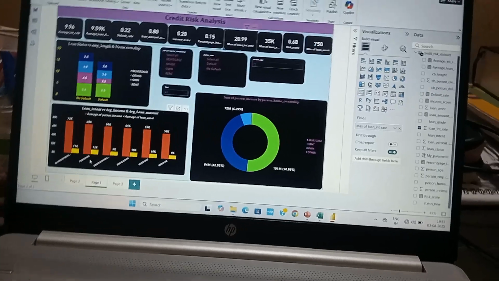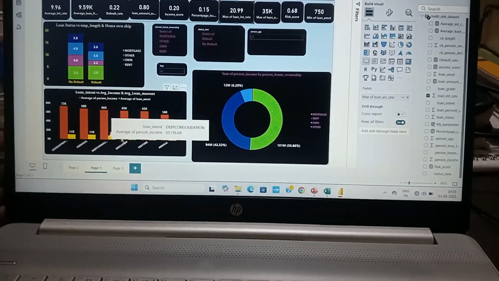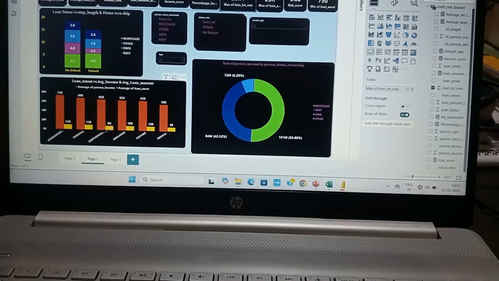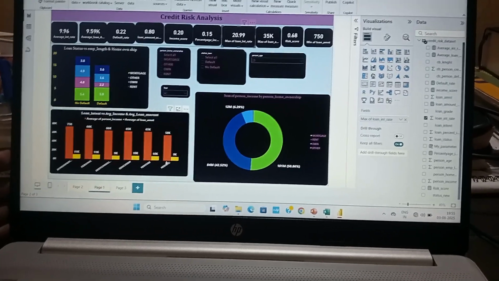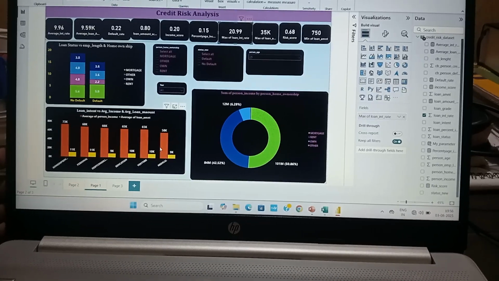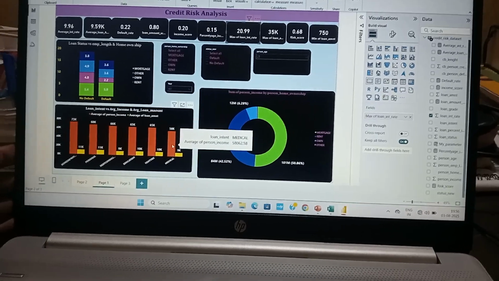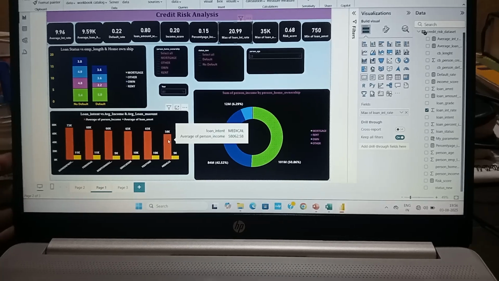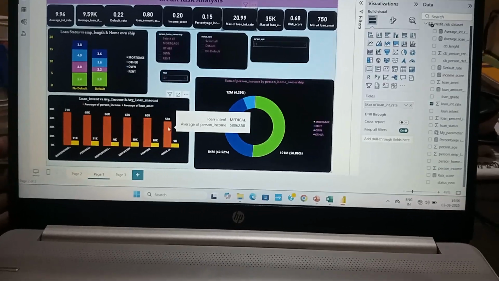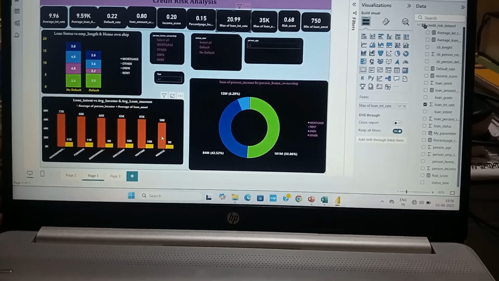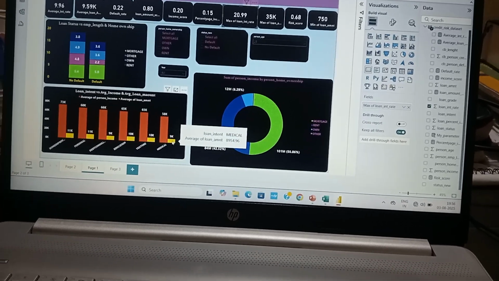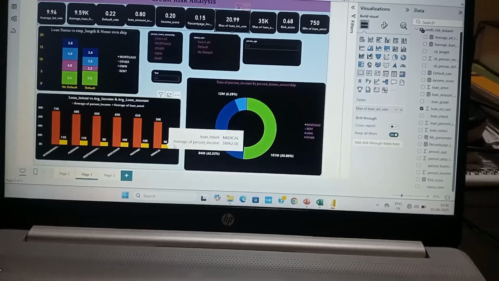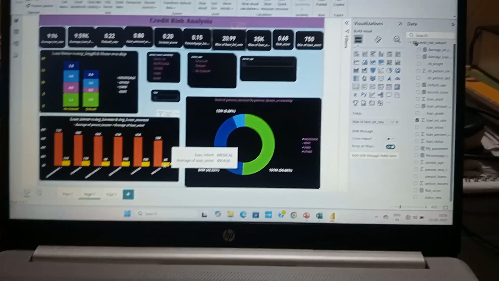Looking at loan intent and education, the lowest income comes from medical. In the medical loan intent, the income is 58,000, and the loan is also lower compared to others, decreasing to 9K.